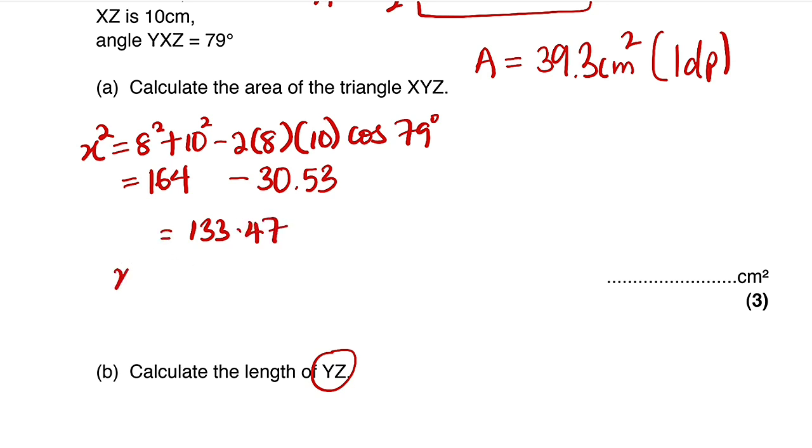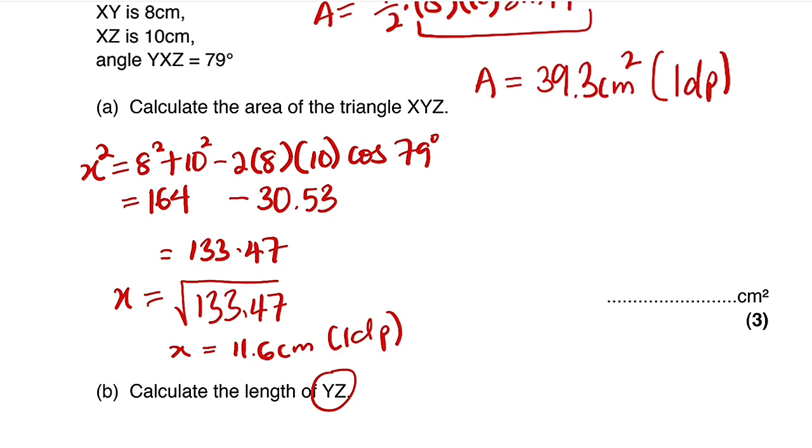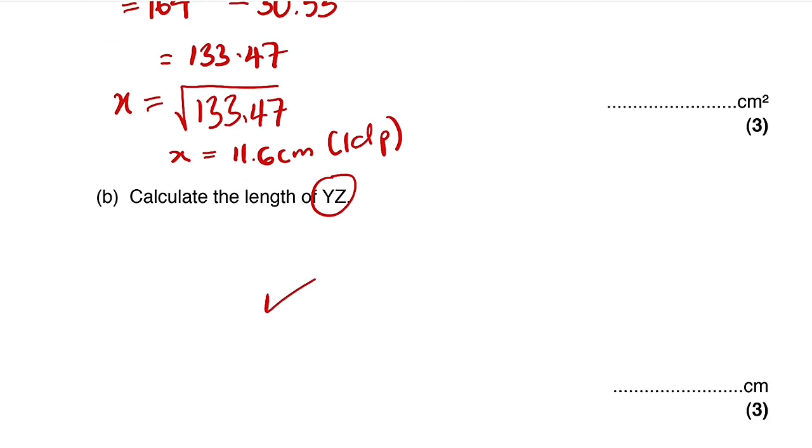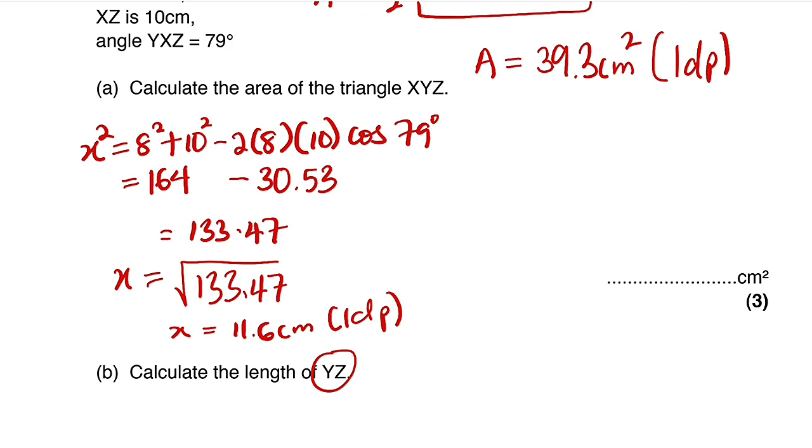Then finally, x will be the square root of 133.47. And this is equal to 11.6 cm to one decimal place. Oh, we're supposed to make the work in here, but let me just drag it down all the same.